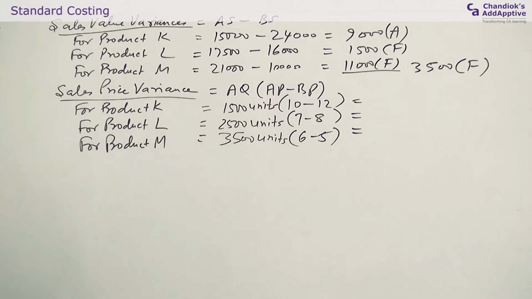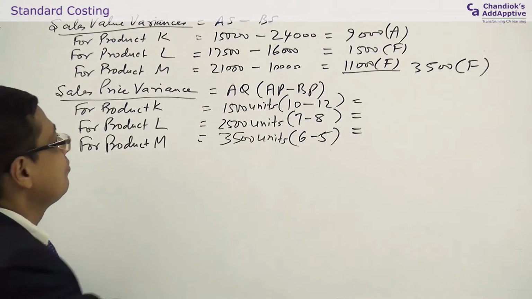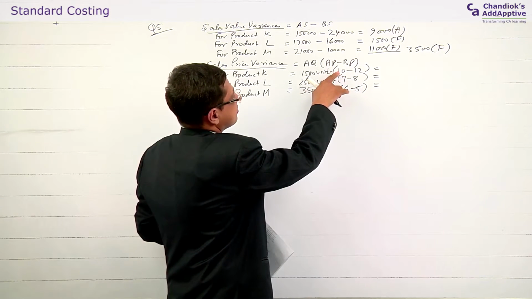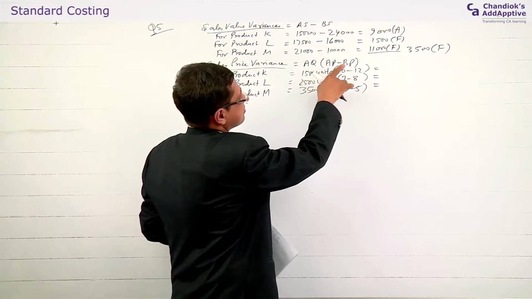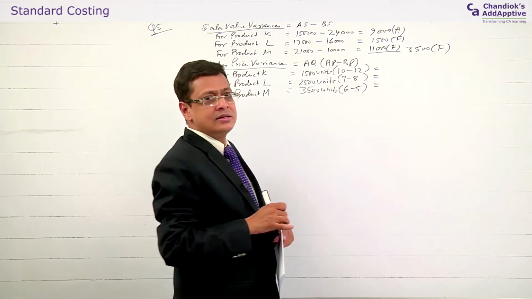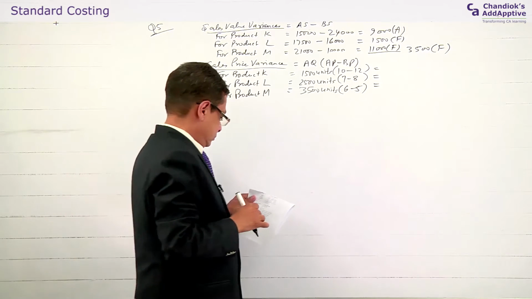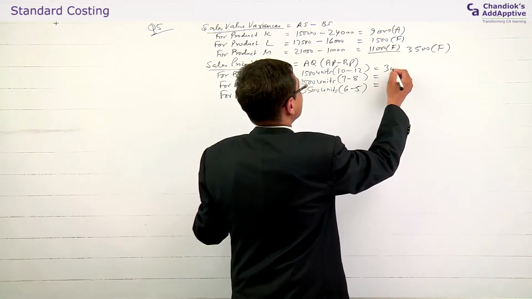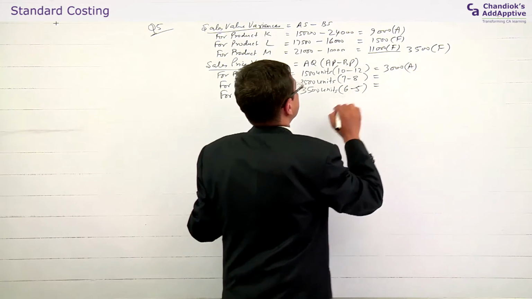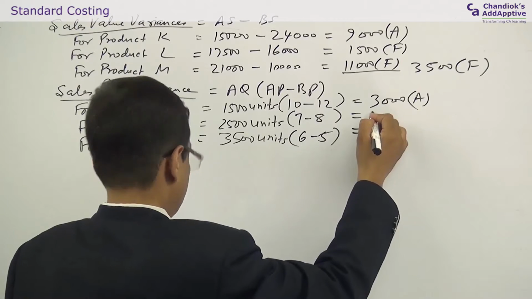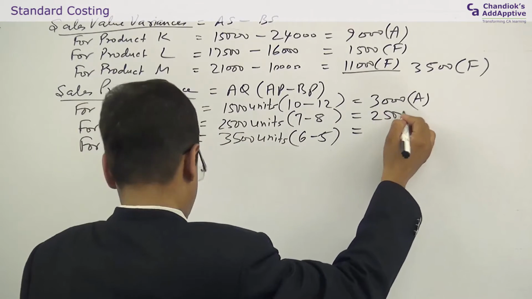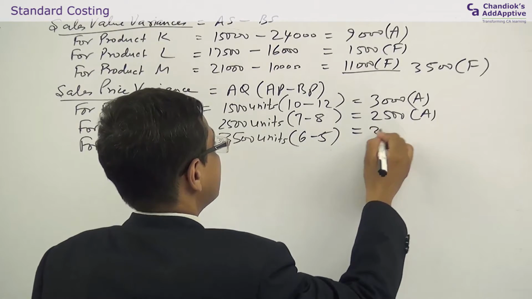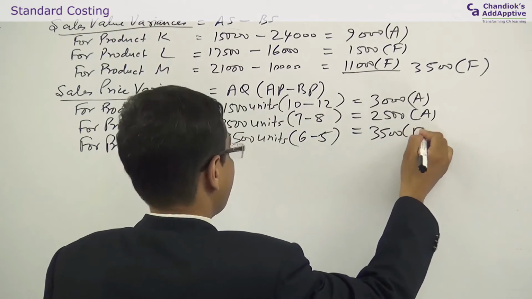So, if you solve, can you tell me the actual price is 10 rupees and budgeted is 12. Is it adverse or favorable? The answer is it is adverse. And how much adverse? 3,000 adverse. Likewise here you find this is 2,500 adverse and this one is 3,500 favorable.